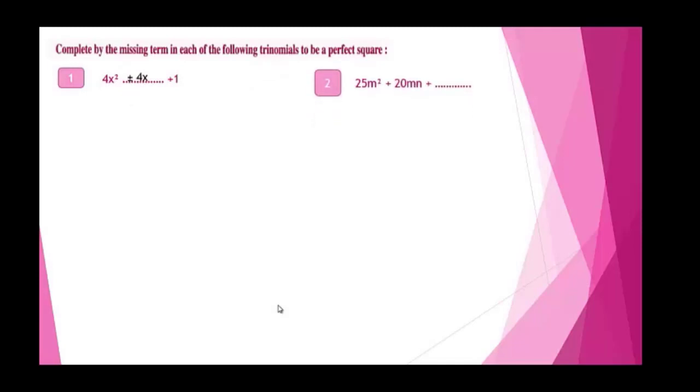We say 20mn squared divided by 4 times 25m squared. 20 squared equals 400, m squared n squared. After that, divided by 4 times 25 equals 100 m squared.